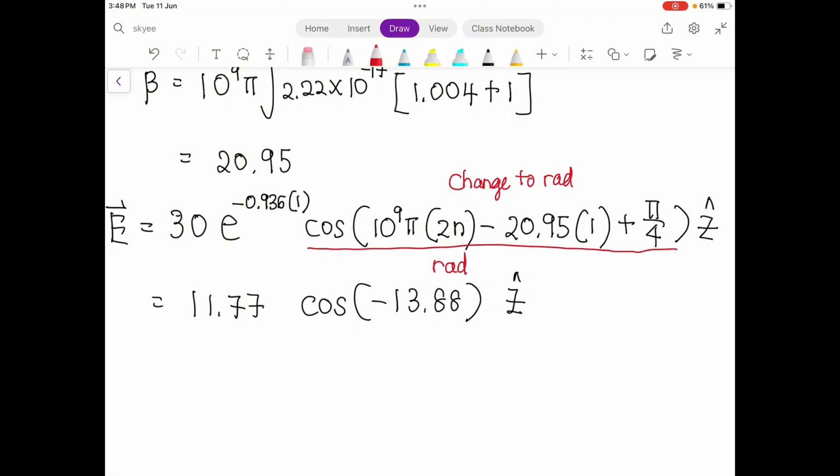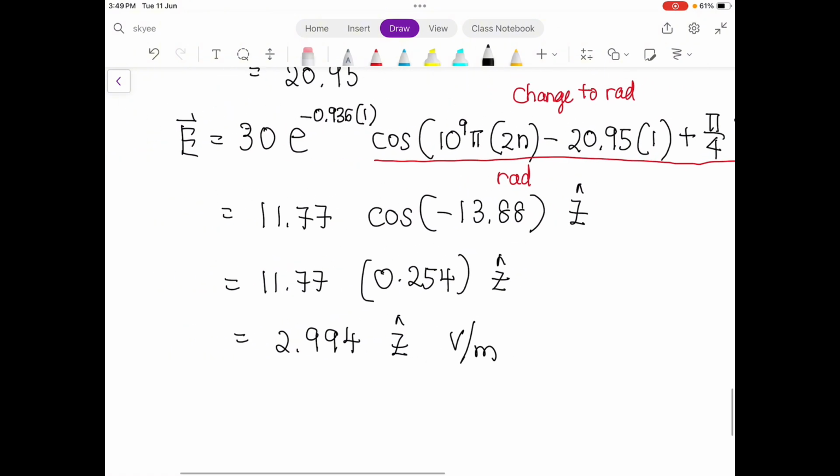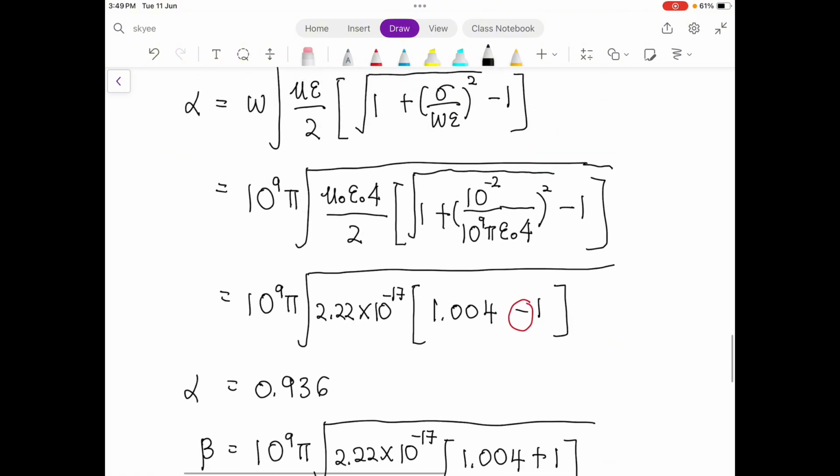So you have 0.254, so it's 2.994, in the Z direction, in volts per meter. This one is the electric field when y equals to 1 and the time equals to 2 nanosecond. Go to the next question.